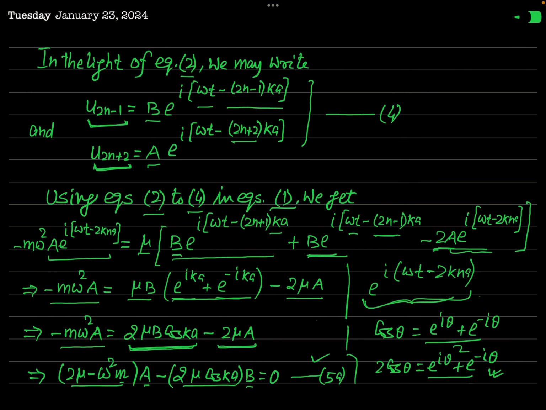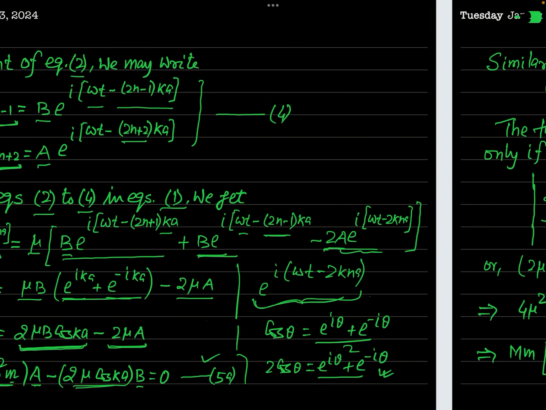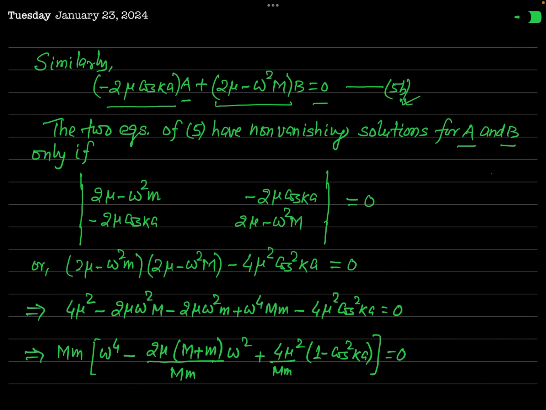So let us see. The coefficient of a in equation 5a is what? This is 2 mu minus omega square small m. And that of b is minus 2 mu cos ka. So I have written here the determinant of 2 mu minus omega square m and minus 2 mu cos k.